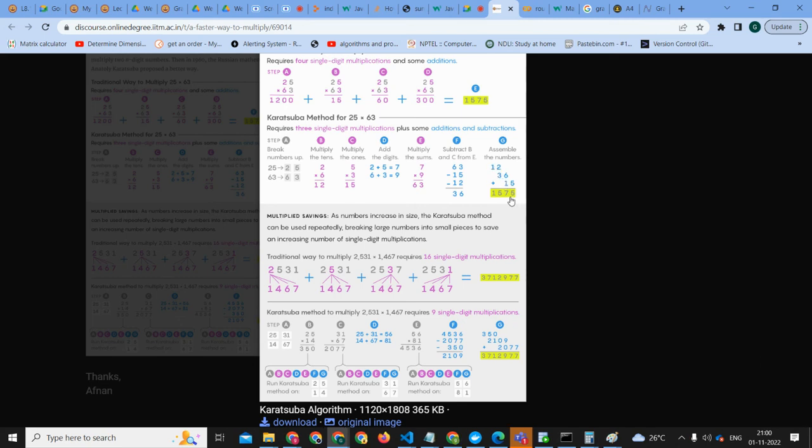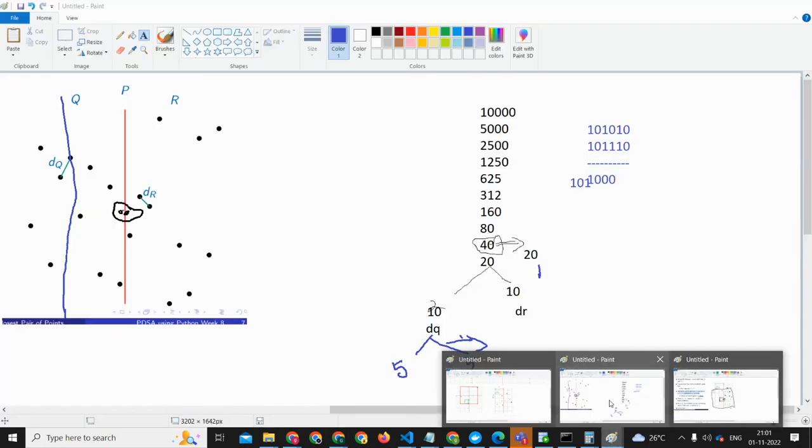We just subtract that, and we get the middle part without actually doing the multiplication. That is the key idea. Then we just perform the addition finally. This is the same partial product thing that we were talking about.